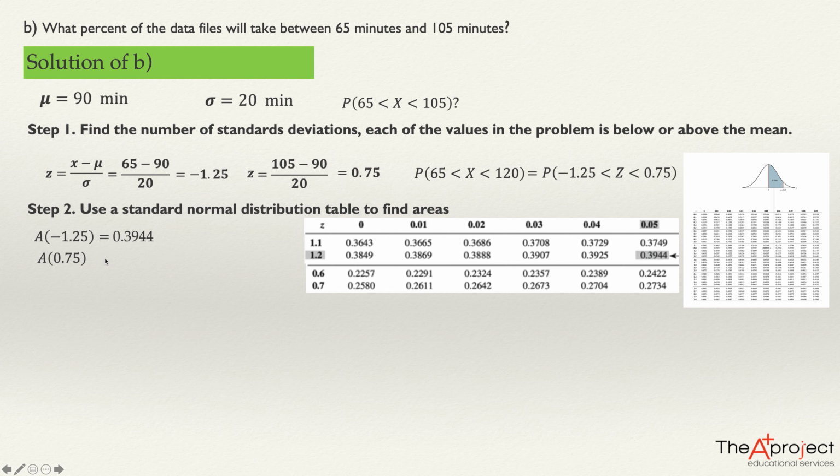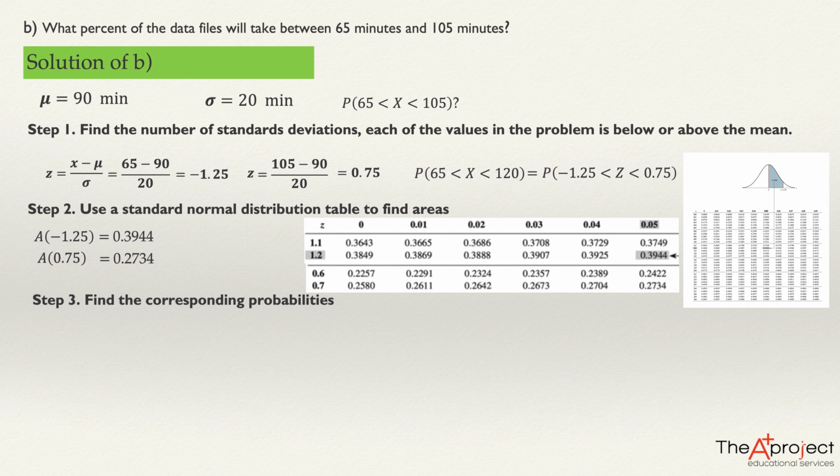And I'm going to type here the area 0.2734. And I have found the area corresponding to each of the values in the question. Now that I have these areas, I can go to step number 3, which is finding the actual probability.